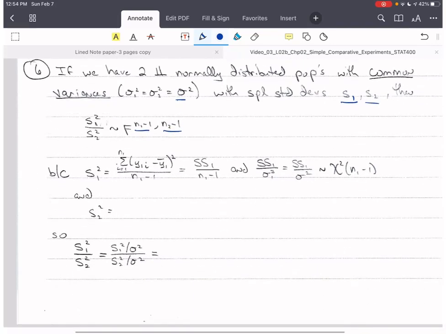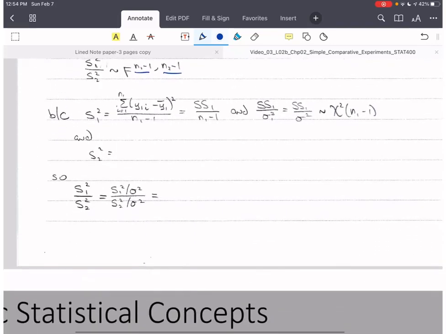Okay, so this is because we can write S1 squared as the sum of Y1i minus Y1 bar squared, divided by n1 minus 1. I probably should use j, but I used i. Then we could rewrite the top as SS1 over n1 minus 1.